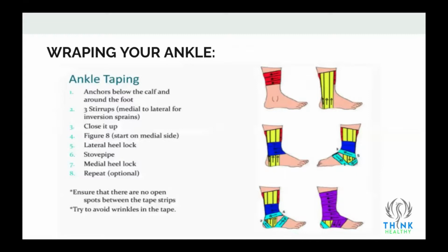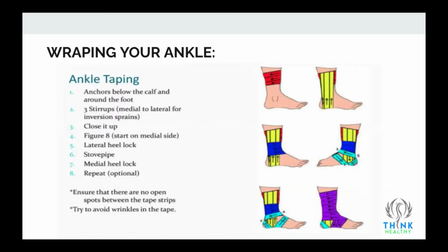Then you're going to have 3 strip-ups, going from middle to the outside in an inversion. You start from the inside of your foot and bring the tape underneath your arch, underneath your heel, and tape it up to the inside on top of the wrap above. These are the stick-on straps that we're talking about.